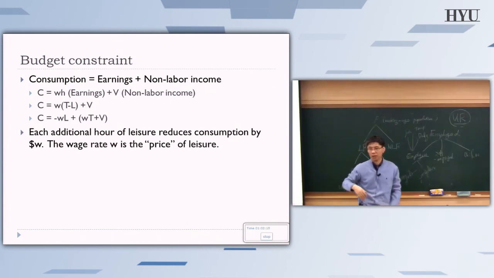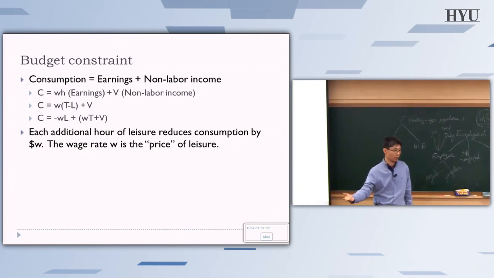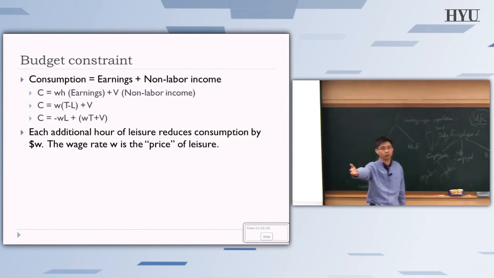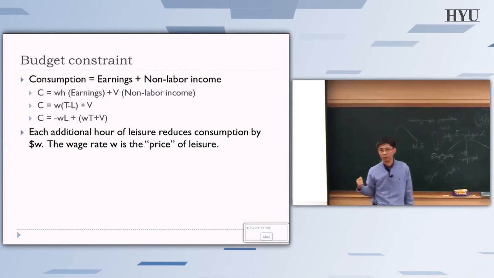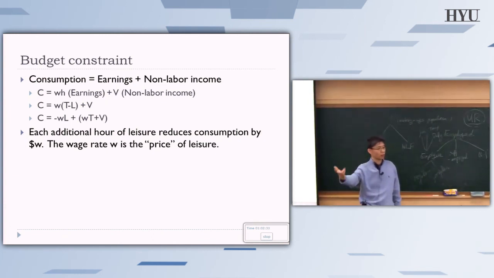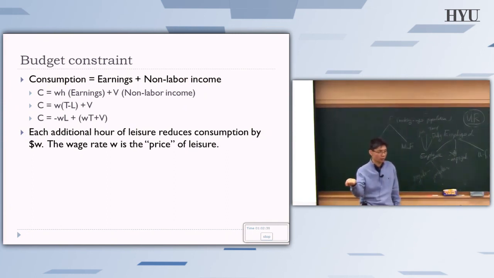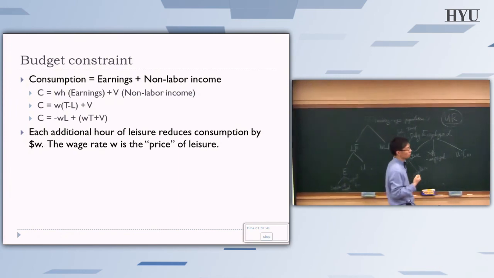This is how much you give up when you want more leisure. If you want 1 hour of leisure, you have to give up your hourly wage rate. If your hourly wage rate is $10, then when you have 1 more hour of leisure, you give up $10. That's the price you pay for your leisure time. So we call it the price of leisure.